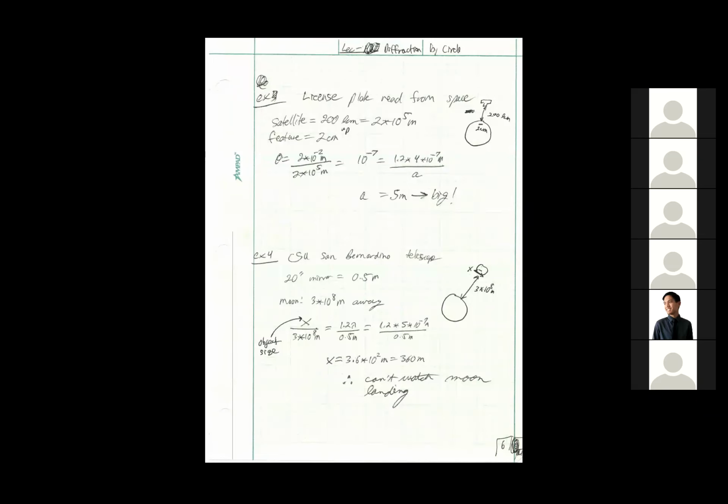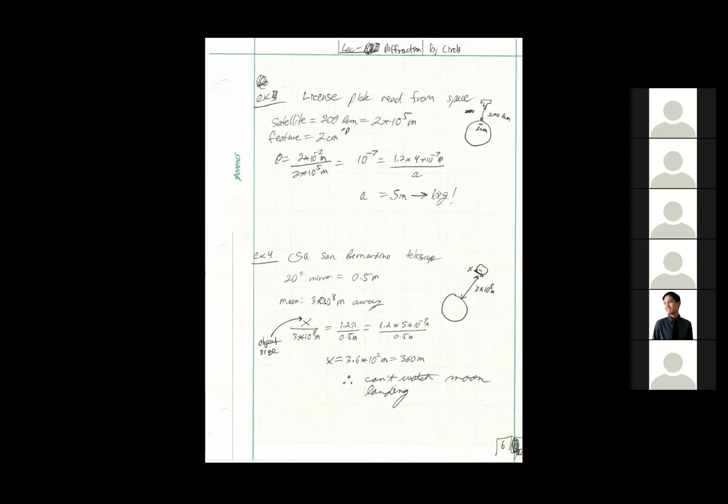Another example. Cal State San Bernardino has a telescope. The last time I read about it, they had a 20-inch or roughly half-meter mirror. I don't know, maybe they've upgraded since then. But with a half-meter mirror, let's figure out how small a feature you could see on the moon.